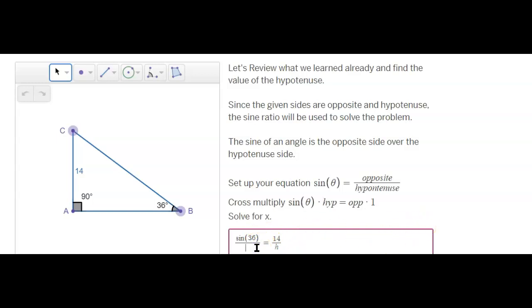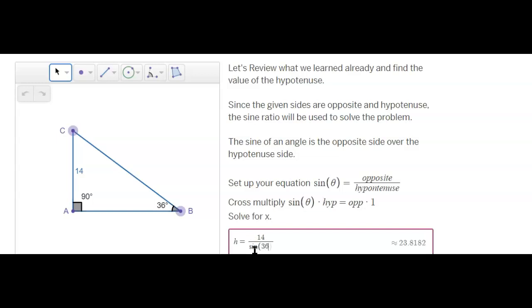Now I can separate this so that I have sine 36 times h is equal to 14 times 1, which is just 14. Now if I divide both sides by sine 36, the sine 36 on this side is eliminated, and I have only h.